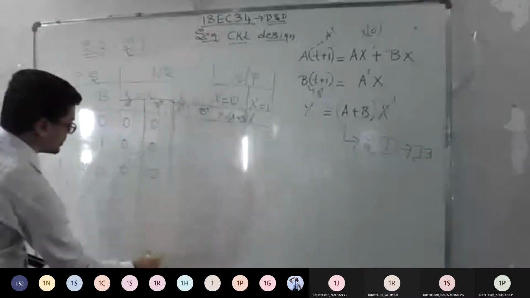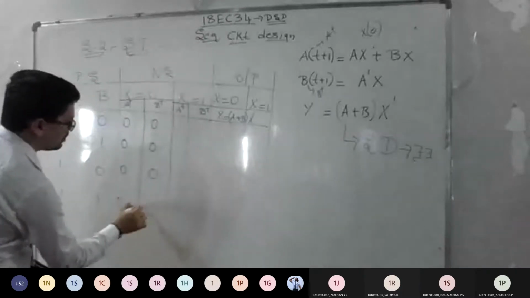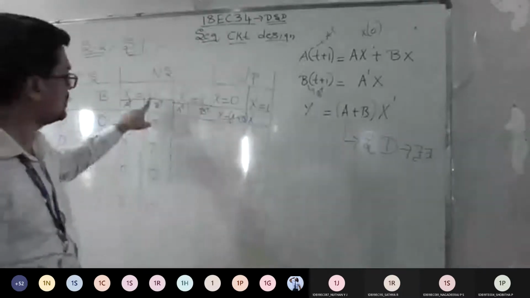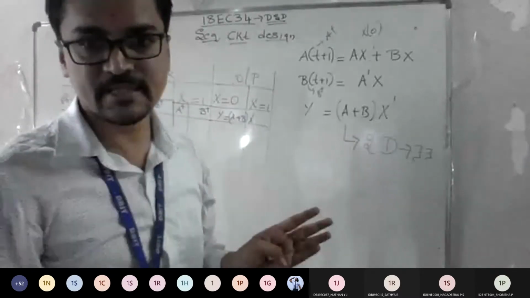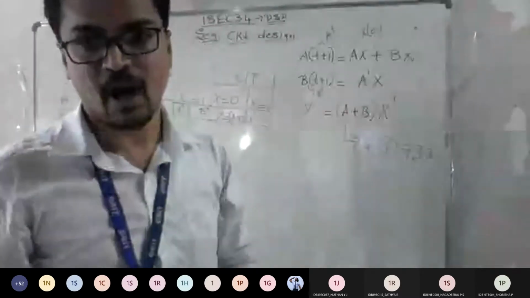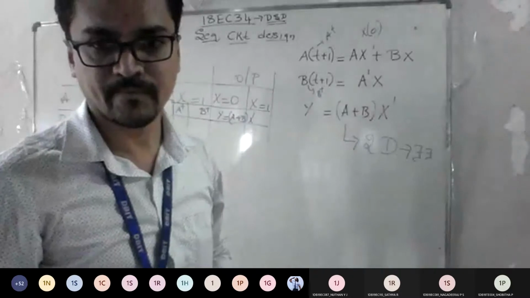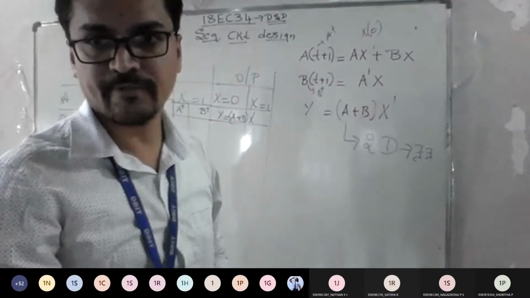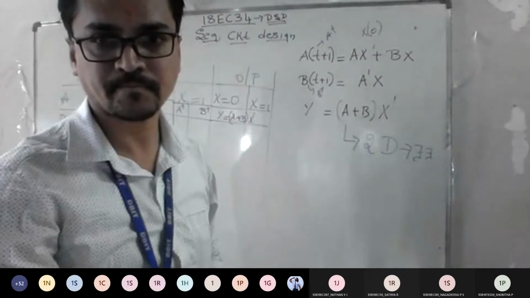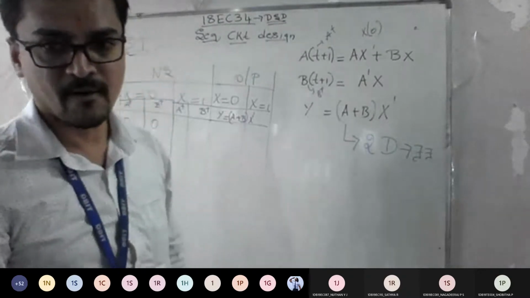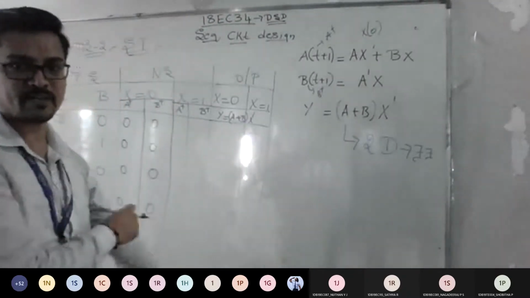So for x equal to 0, you are going to get all the next states as 0 because the input is 0. Since we are dealing with an AND gate, obviously if any one input is 0, the output will automatically be 0. Am I clear? If anybody has doubts till here, you can ask me. Is it fine? Shall I proceed to the next one?